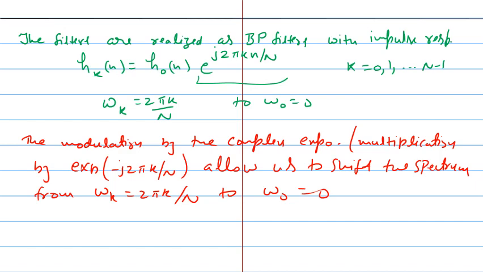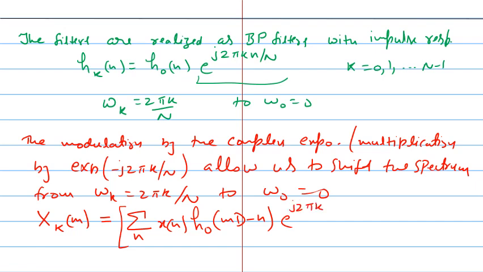So the analysis filter bank output, that is xk(m), will be equal to the summation over n of x(n) h naught(md minus n) exponential of j 2 pi k(md minus n), and then this is exponential of minus j 2 pi k m d by capital N. Okay.